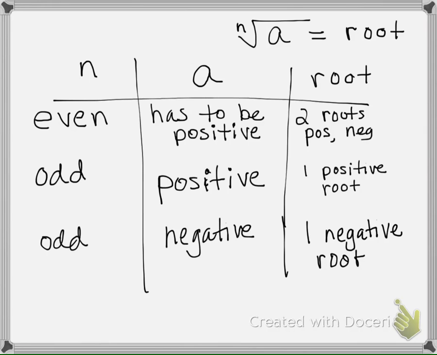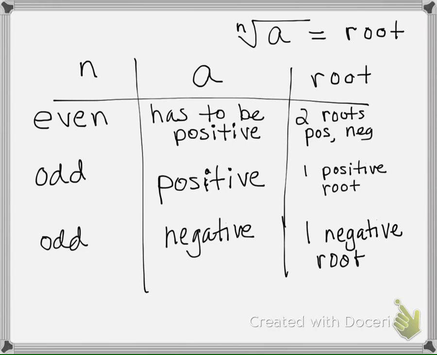So this is a nice little chart to keep with. Now, it should make sense to you. You shouldn't really need to keep a chart like this and refer to it. But it could be helpful if you're having a hard time, if you keep putting plus or minus by every single solving problem you do. You only have plus or minus roots when your index is what?